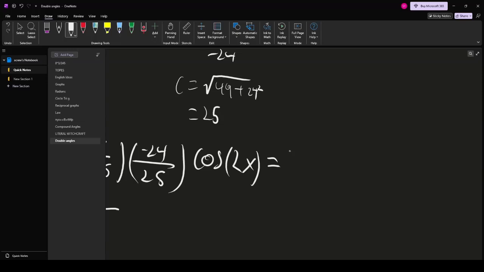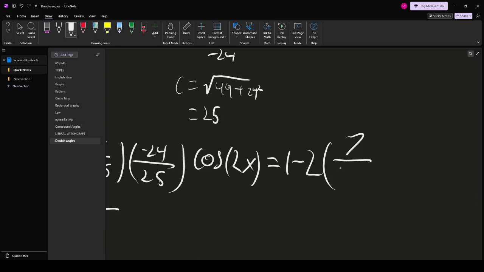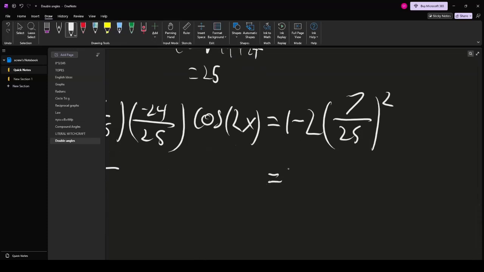Let's just do one of the simpler ones, like 1 minus 2 sine squared x. If you do cos squared minus sine squared, you'll get the same answer. It's just more effort because you have two ratios. So then punch this into your calculator.